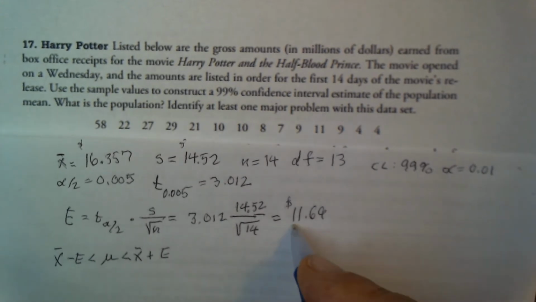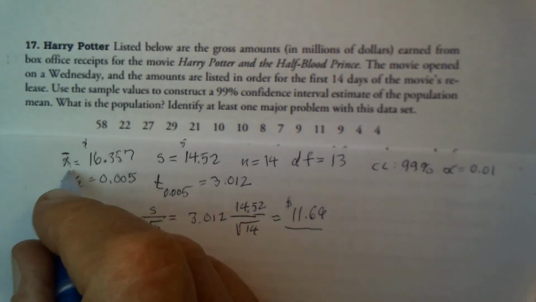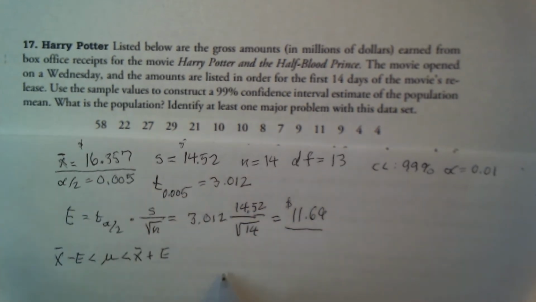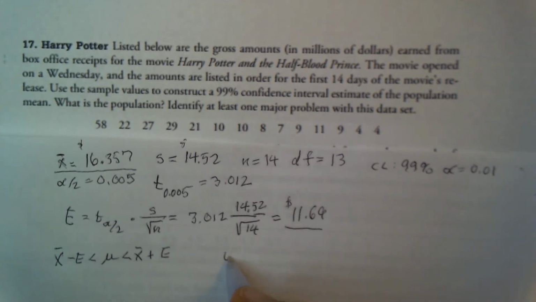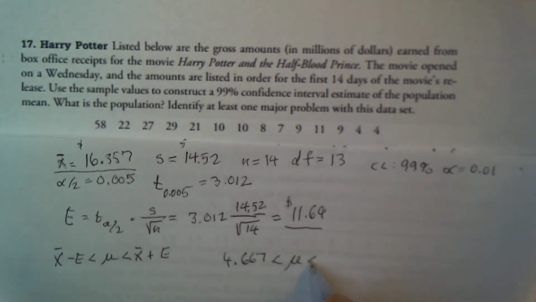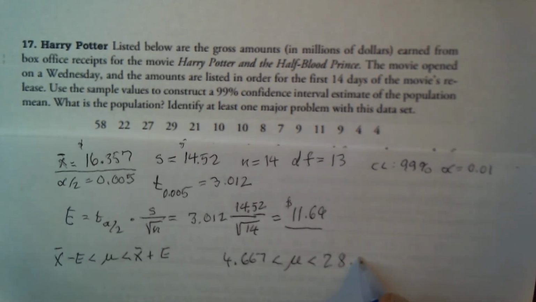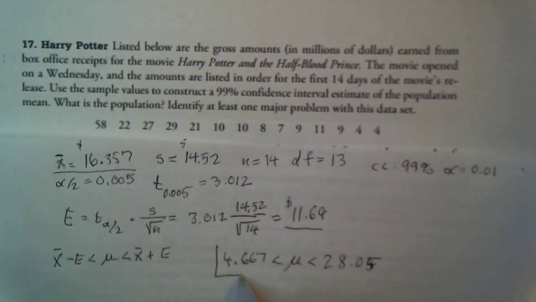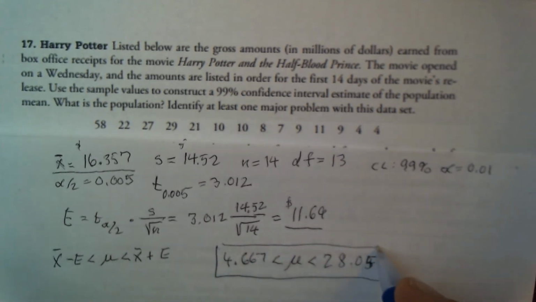When we substitute our values for E and for the sample mean, we come up with a confidence interval of 4.667 less than the mean, less than 28.0405. That is our confidence interval, in millions of dollars.